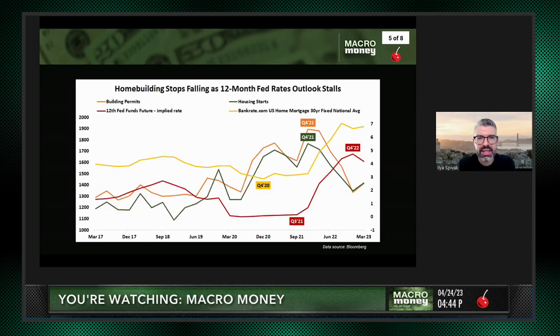So what you see here is those same building permits and housing starts that we saw earlier. You can see them start to head lower as we get the Fed rate hike cycle going. You can see both mortgage rates and the Fed funds 1-year outlook here moving higher in tandem.